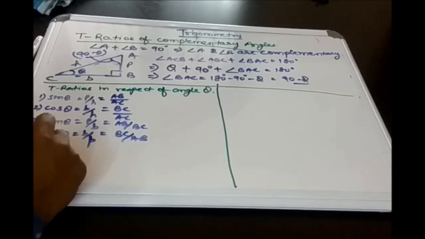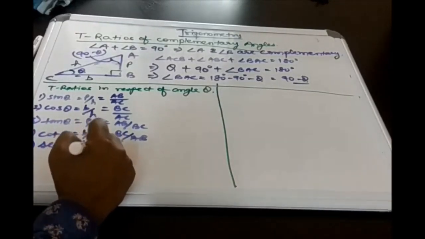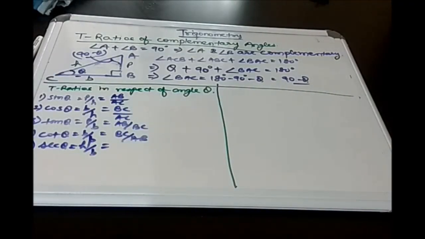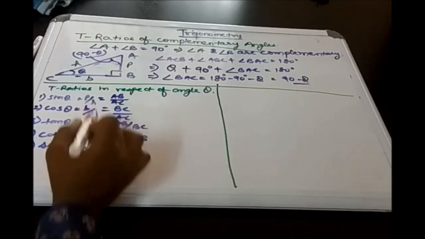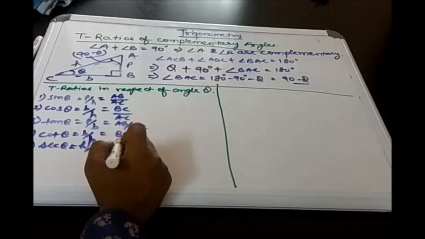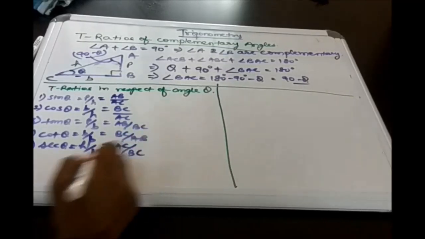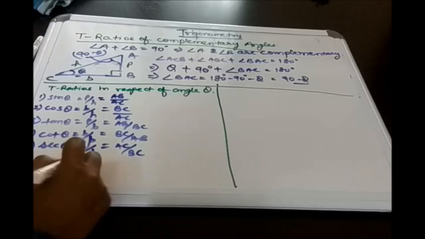Fifth, sec theta. Sec theta is hypotenuse by base. But just now we have learned the relationship between trigonometric ratios, in which we learned that sec theta is 1 by cos theta. That's why 1 by cos theta will be h by b. So sec theta is h by b. Hypotenuse is AC, base is BC. And the last trigonometric ratio, cosec theta.